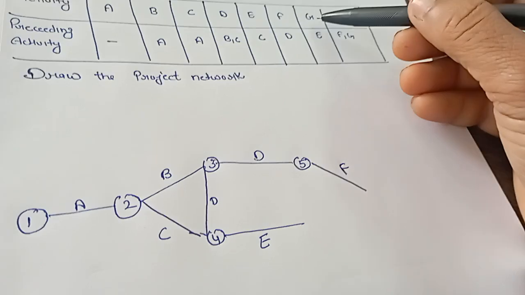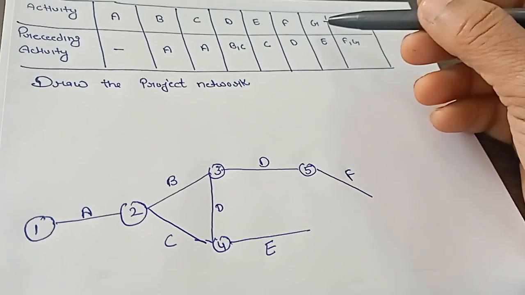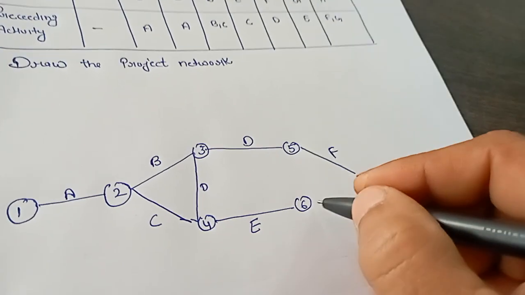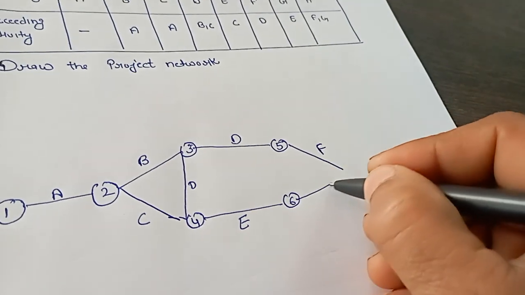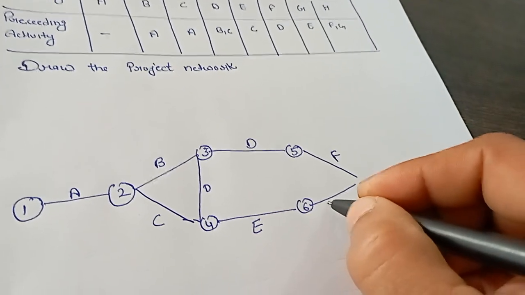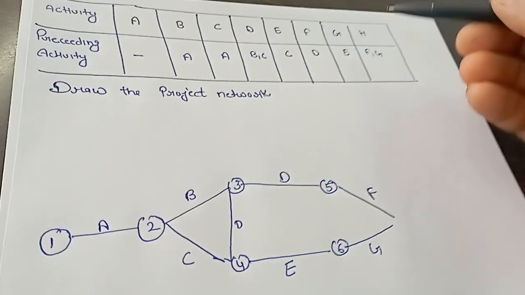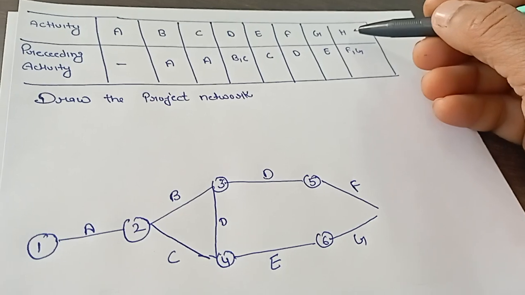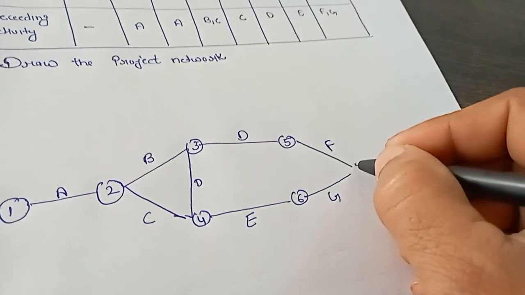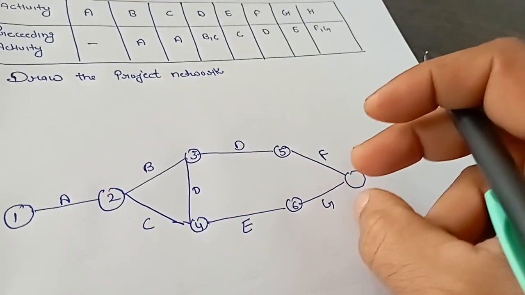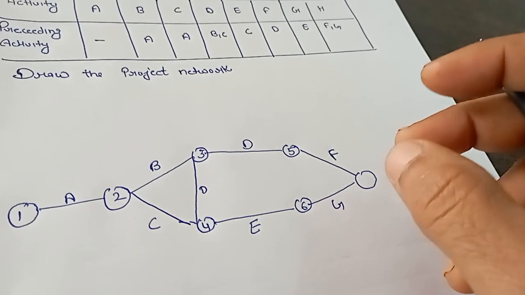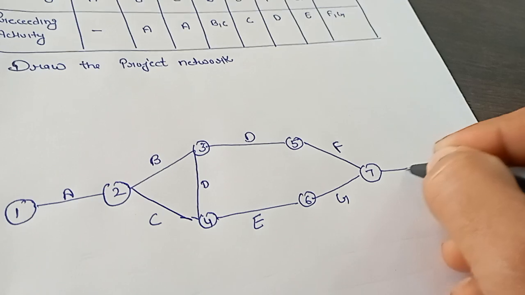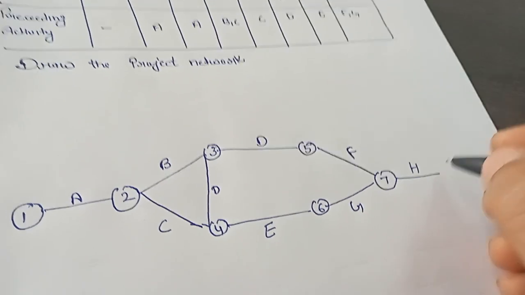The next activity, that is G, and the preceding activity of G, that is E. Next activity, that is H, and the preceding activity of H, that is F and G, meaning F and G will touch at one point, and after that we create the H and point number 7 and create the edge.